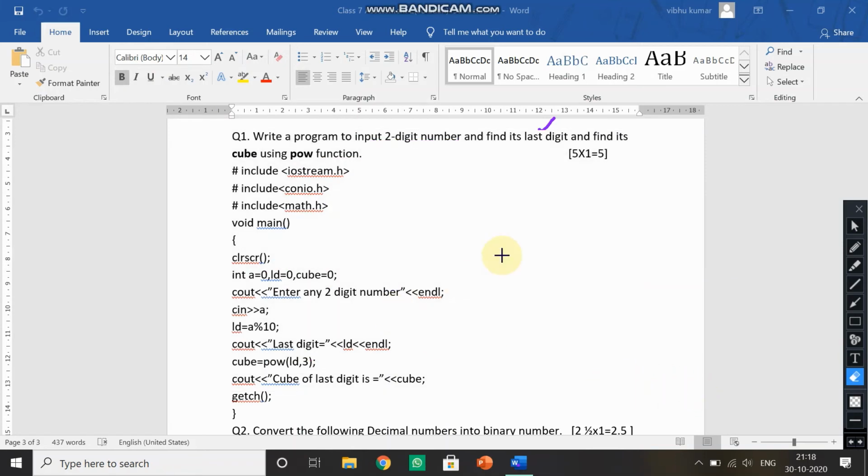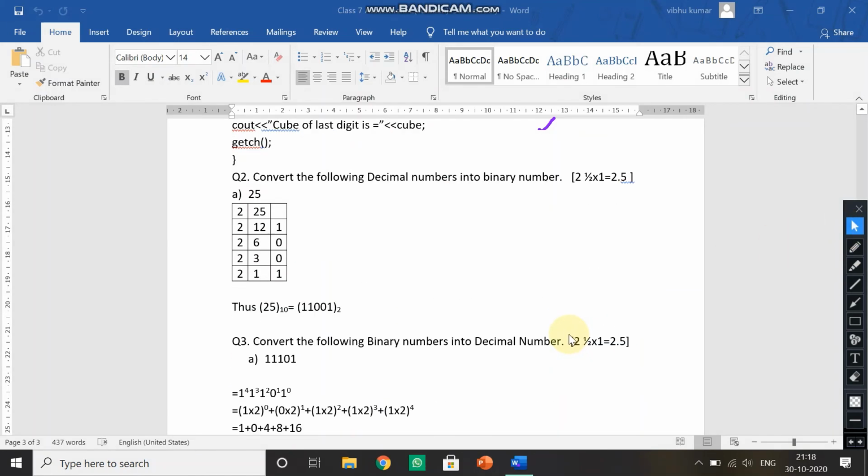Now let us move to the next part. Here, convert the following decimal number into a binary number. It was also very easy. You have to divide the number by 2, because binary is base 2. So 2 into 25 goes 12 times, and the remainder will be 1.